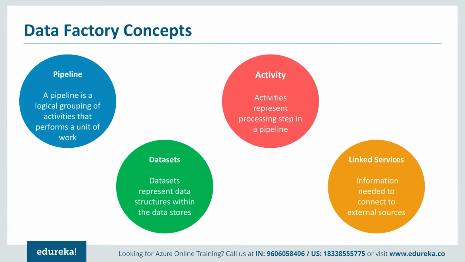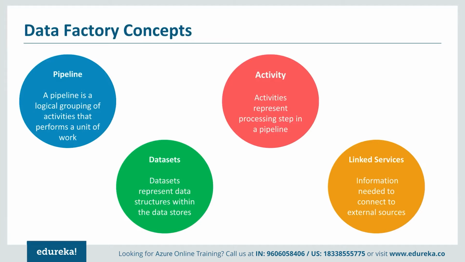Then you have something called data sets. Data sets are nothing but sources of data. Say, for example, my data is stored at a particular location, and that location is my data set. So in simple words, it is a data structure that holds my data. Then linked services. Say, for example, I need to move my data from a particular database to a blob storage.